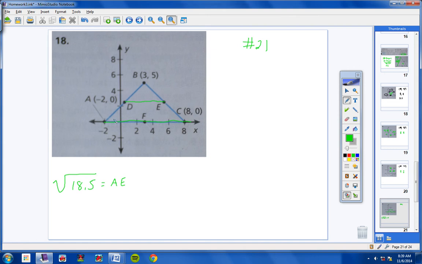So we have points negative 2, 0, and 8, 0. So here we go, distance formula. X minus x, negative 2 minus 8 would be negative 10 squared, plus y minus y would be 0.